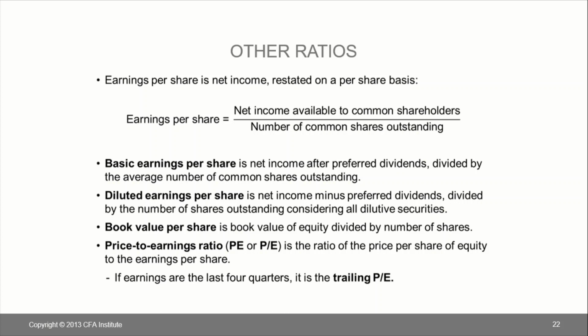But when we say book value, this is the value of the stock in the books of the firm. Okay? So, the book value per share is simply the book value of equity divided by the number of shares. So, you can see this in the balance sheet of the firm.